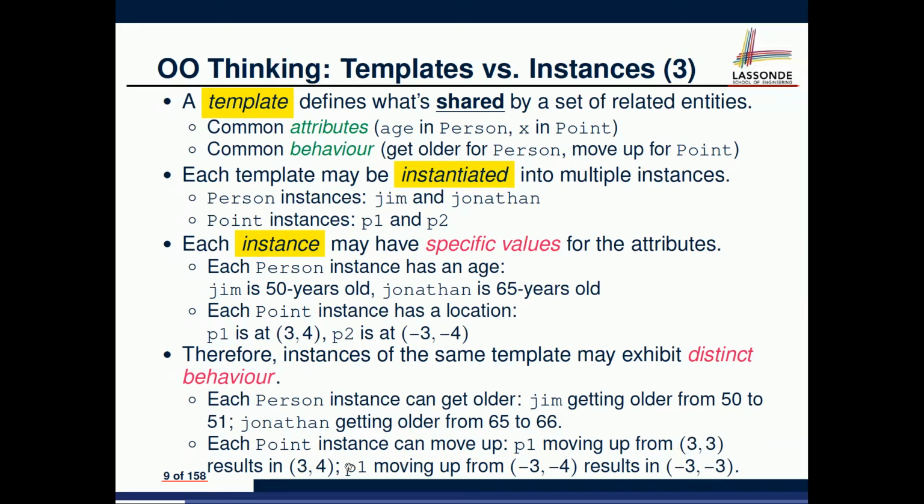And then you can say P2. Actually, there's a typo here. That should be P2. You can also say P2 moving from -3, -4. Now the -4 is a different value for the y attribute. In that case, we go from -4 plus 1. That'll be -3. You can see the definition for the behavior of moving up is the same, adding 1. But because the y value for each entity might be different, the consequence can be different.